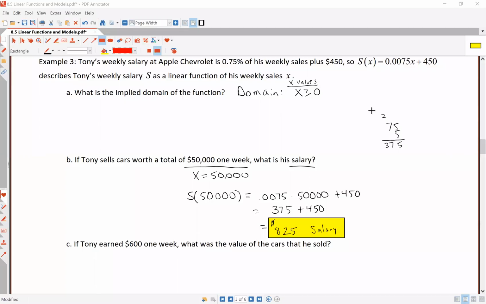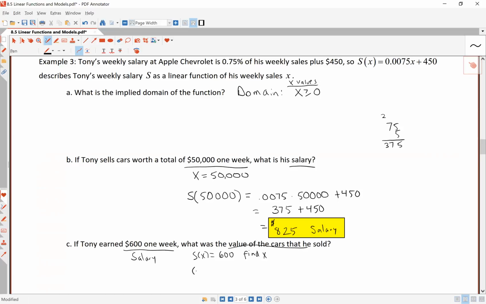Letter C, if Tony earned $600 one week, what was the value of the cars that he sold? Tony earns $600 one week. That is his salary. So this is setting s of x equal to 600 and finding x, the value of all the cars that he sold.